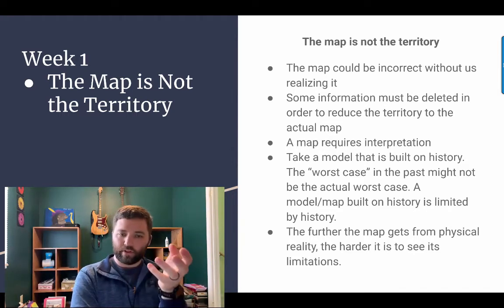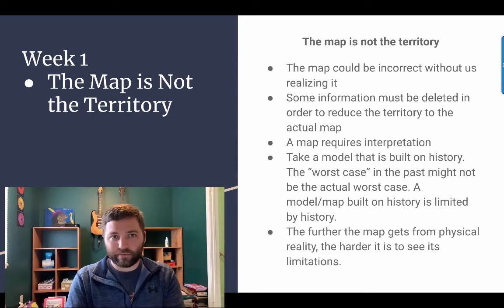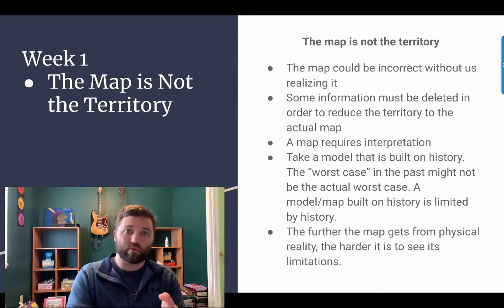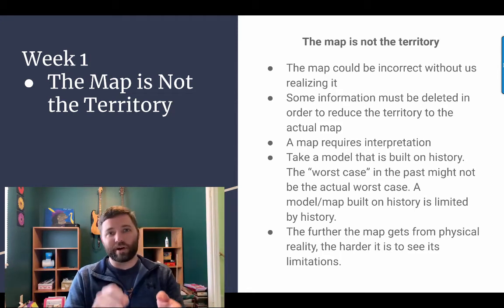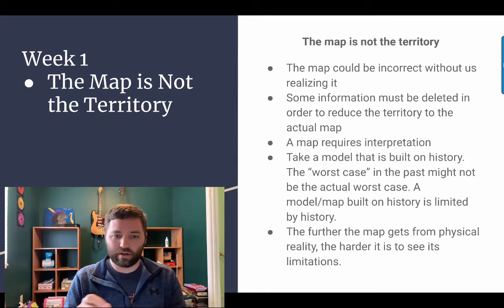Well, the worst flood in history may not be the worst flood that will ever happen. The worst case is built on the worst case in history, and it's possible that the actual worst case situation is yet to come. So there are limitations in models and maps that are built on history. Not that they aren't useful, but we have to understand their limitations.